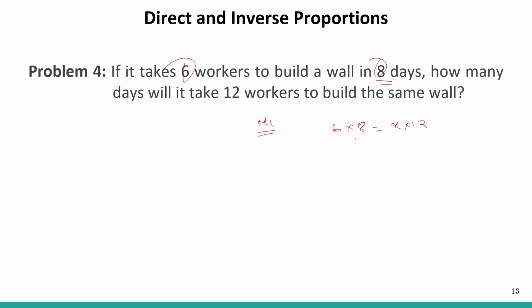So in the first case, w1 is this, w2 is this, t1 is this, t2 is unknown, right? This implies that x is equal to 6 into 8 by 12. So this will be 4. It will take only 4 days to build the same wall.